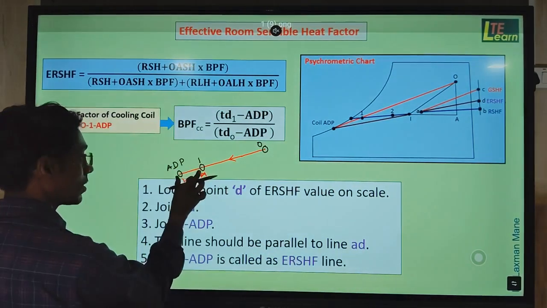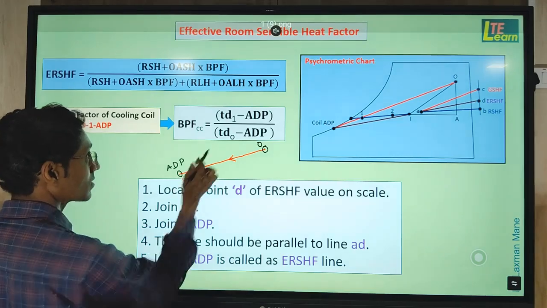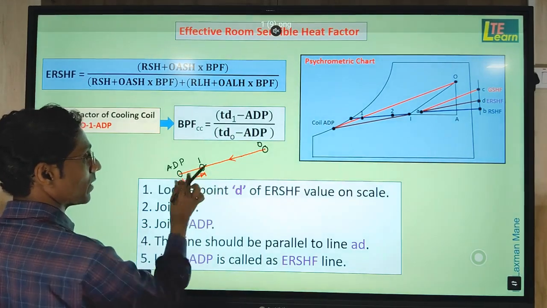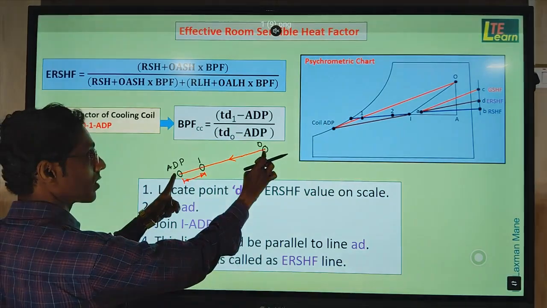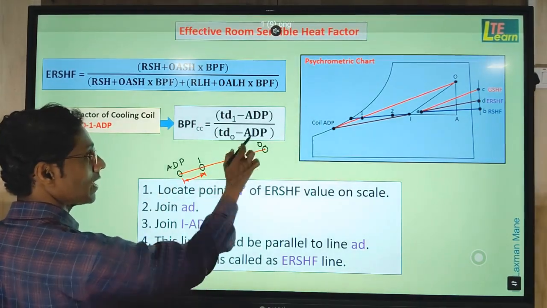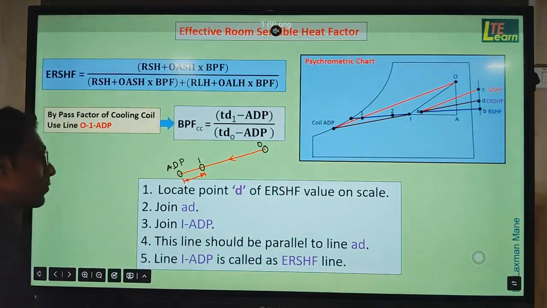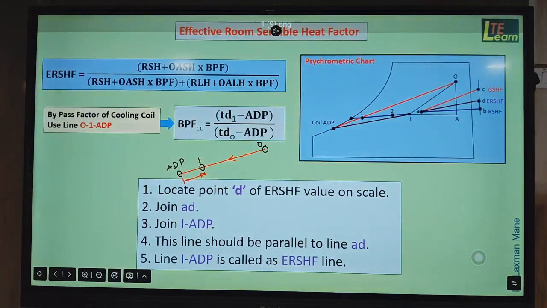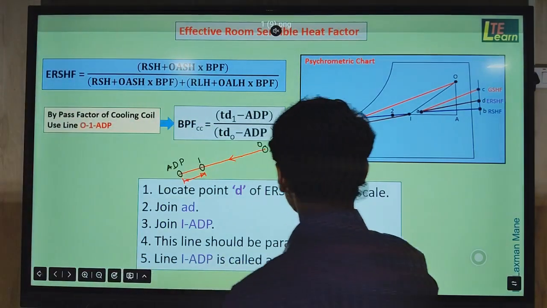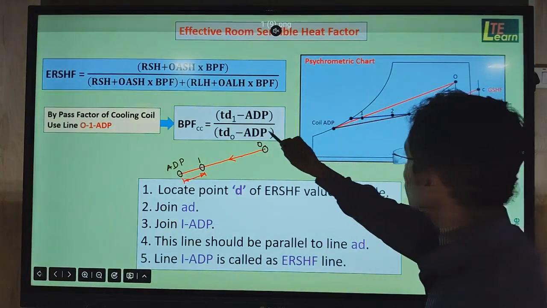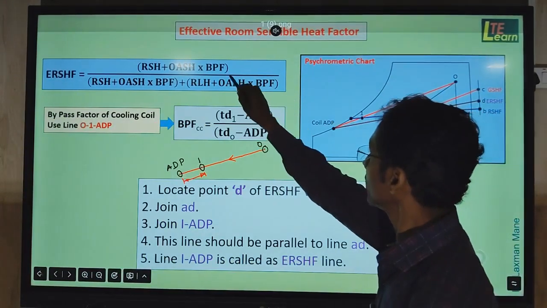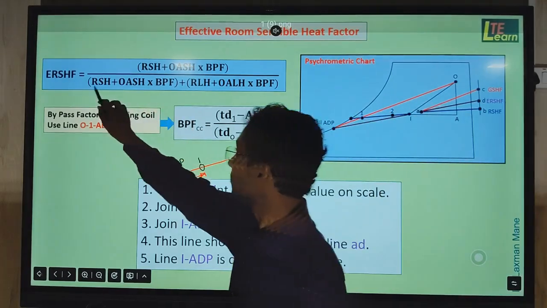So here this difference, TD1 minus ADP, divided by the total difference, TDO minus ADP, is called the bypass factor of the cooling coil. Then putting this bypass factor value here, we find ERSHF.